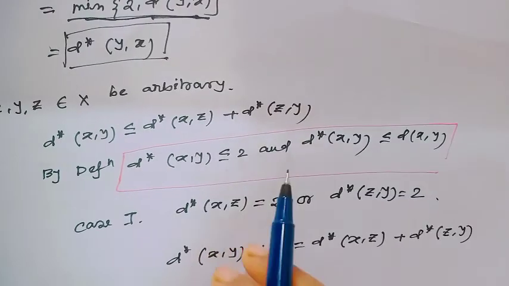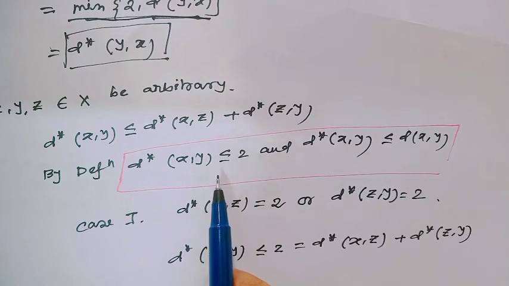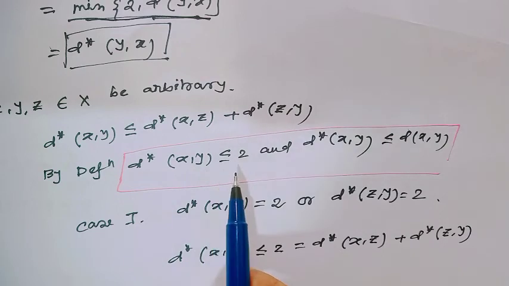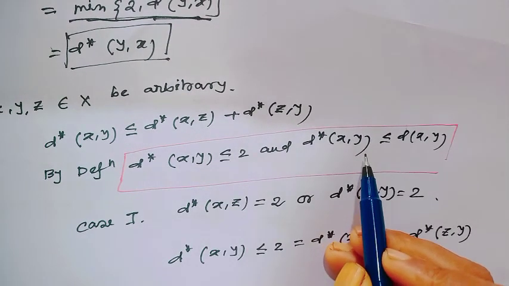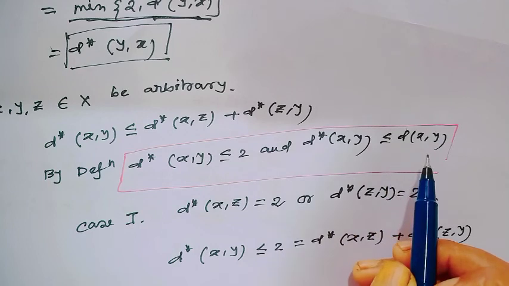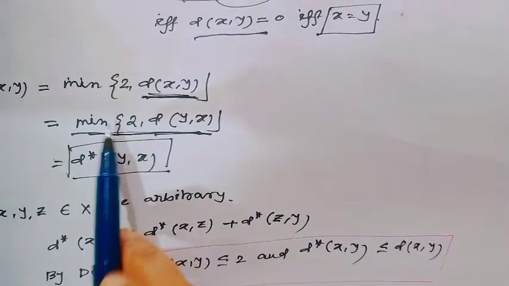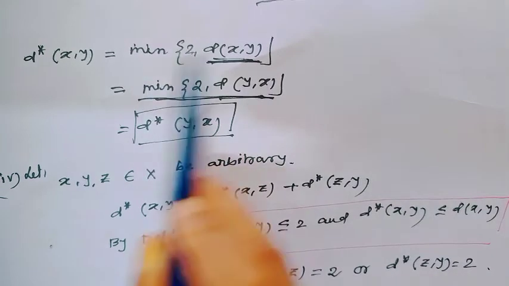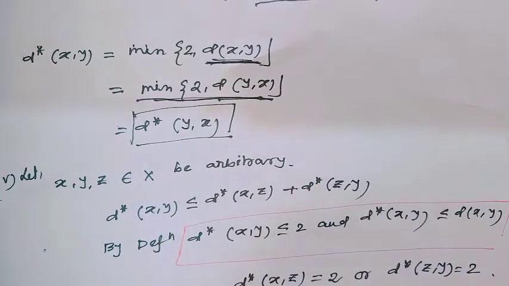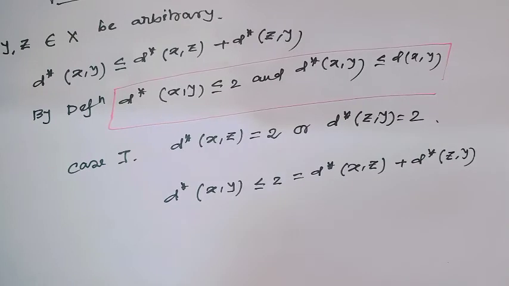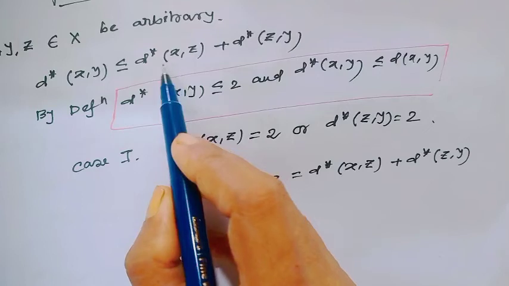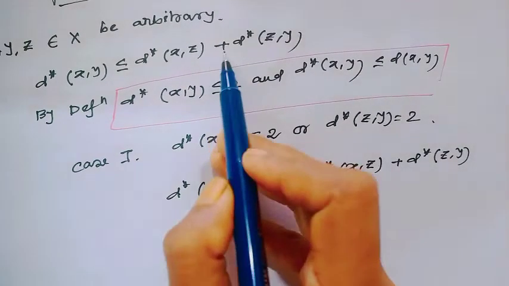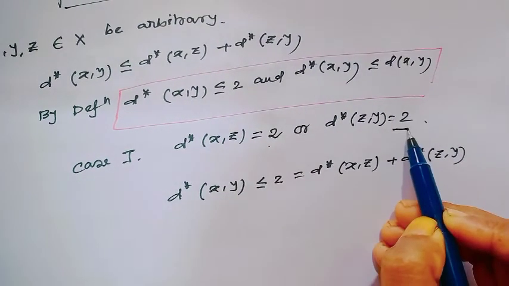By definition, we can tell D star xy is less than or equal to 2 and D star xy is less than or equal to D of xy, because D star xy is the minimum of these two values. Case 1: consider D star xz equals 2 or D star zy equals 2.